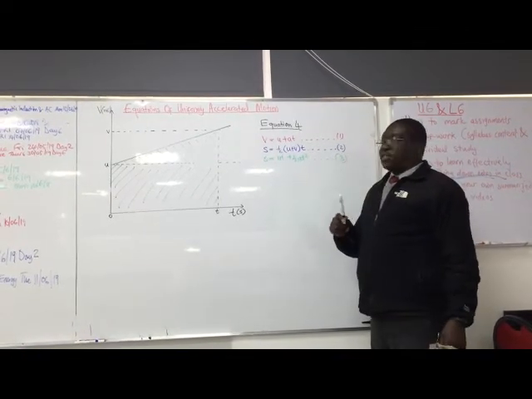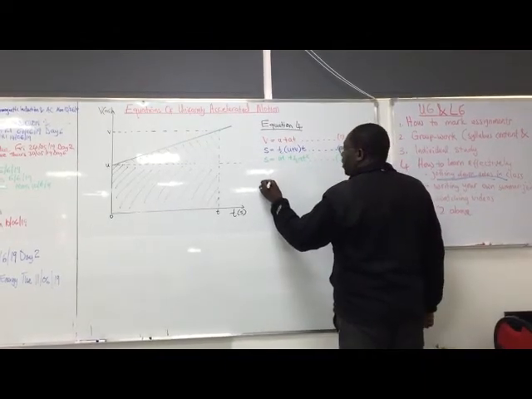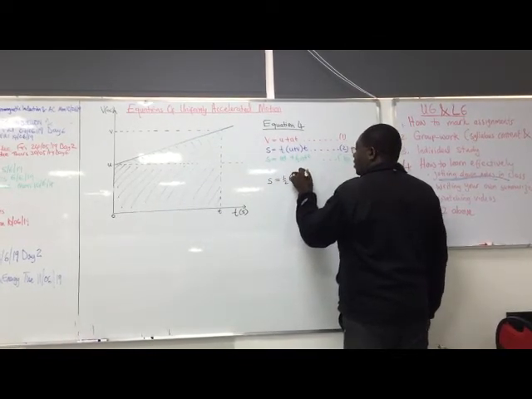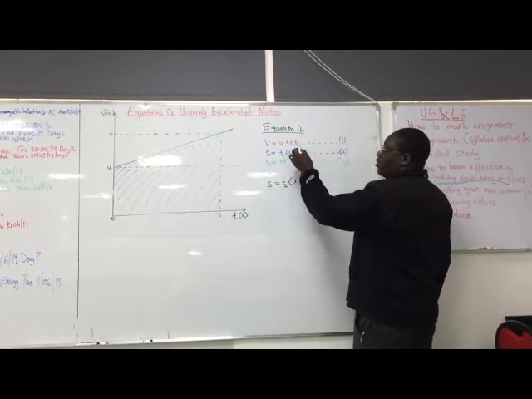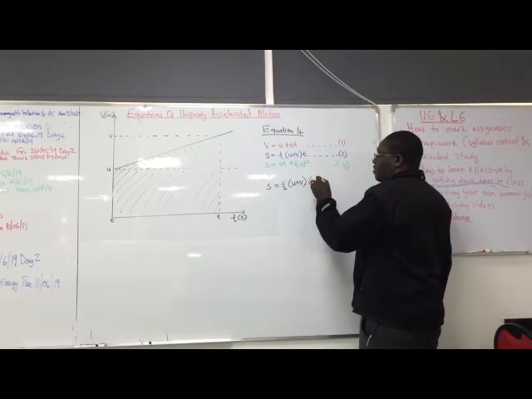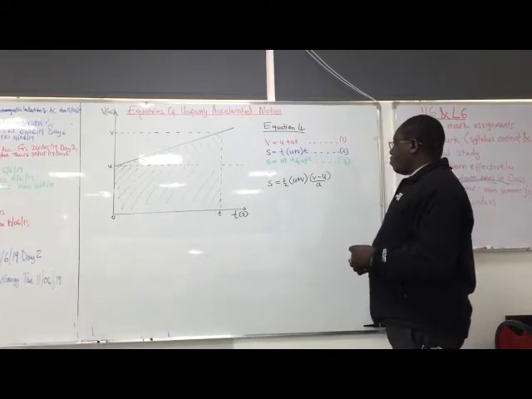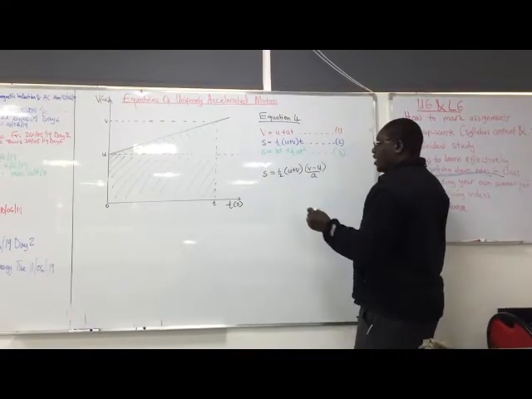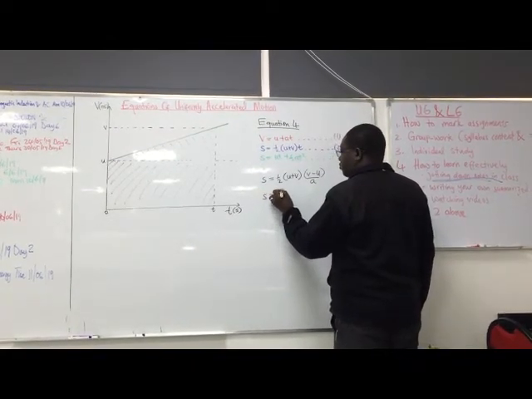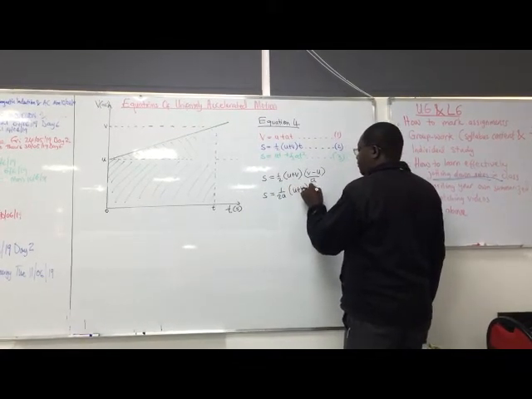Equation number 4 is derived by looking at, again, equations 1 and 2. This time we're substituting time into equation 2. So we have from equation 2, s is equal to half bracket u plus v times the time. So in place of the time, we're going to make t the subject in the first equation, which is going to give us v minus u over a. Having done that, we can now group the like terms together. So we have s is equal to 1 over 2a, (u plus v) times (v minus u).